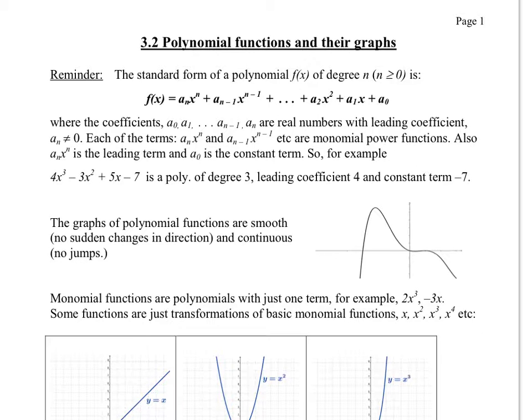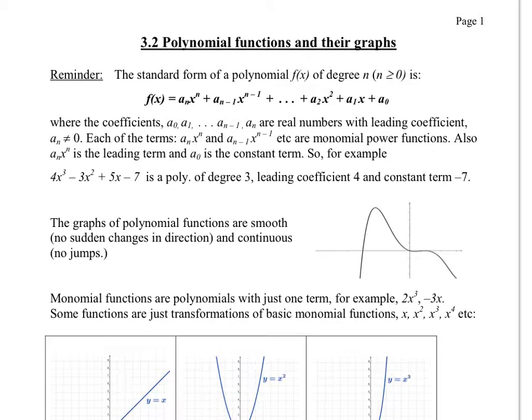Okay, so in this example here, 4x to the power of 3 is the leading term, with 4 being the leading coefficient. In this example, this part at the end that doesn't have an x in it is called the constant term. The constant term because it doesn't change according to what x is. If x changes, -7 stays as -7.